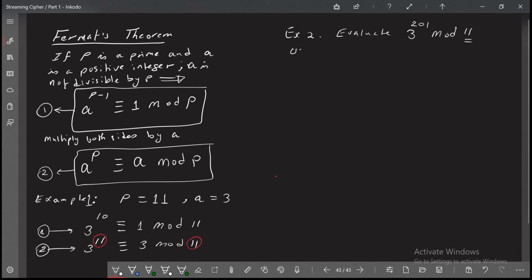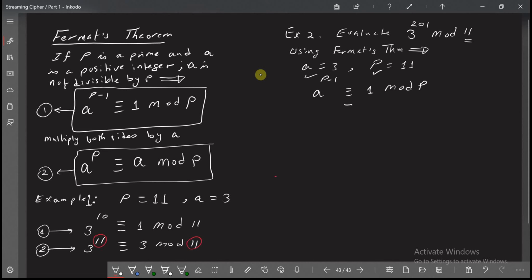So using Fermat's theorem, it states that a in this case, of course, is equal to 3 and p is 11, and the condition is met, so p is prime and a doesn't divide p, so we can say that a to the power p minus 1 is congruent to 1 mod p.